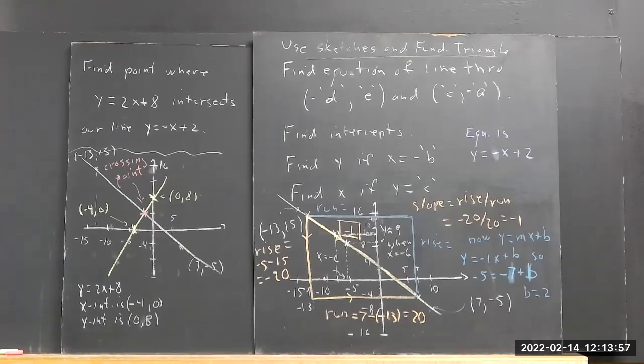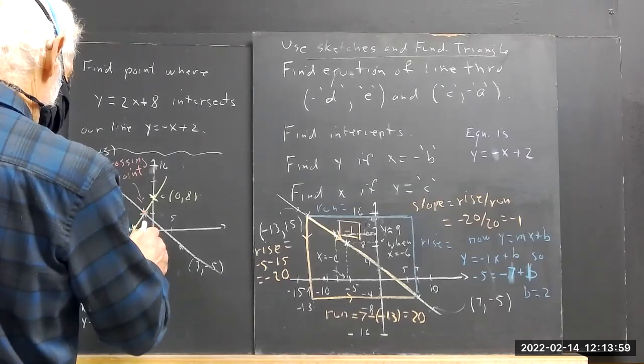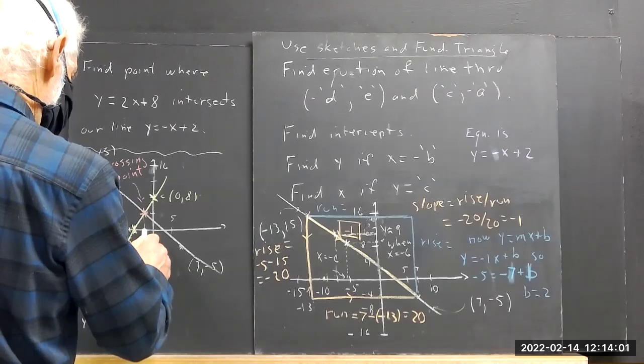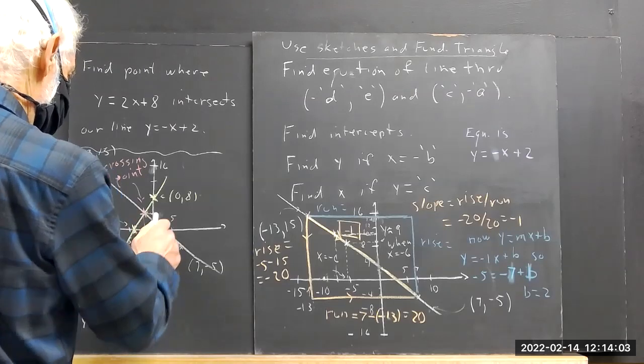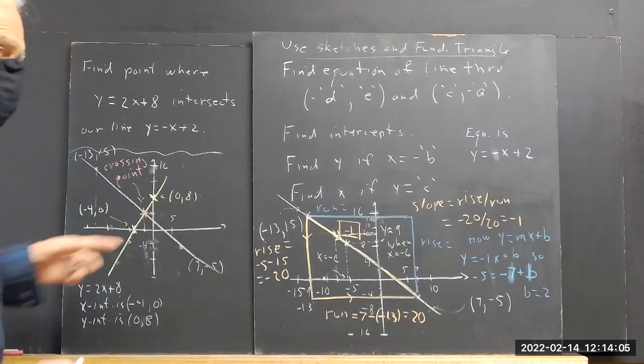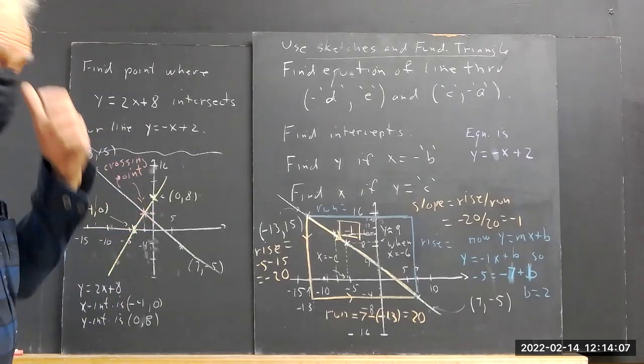Okay, so my estimate, I'll project down here. Right there's my x coordinate. Right there's my y coordinate, right? Y equals 4 seems to be really obvious.